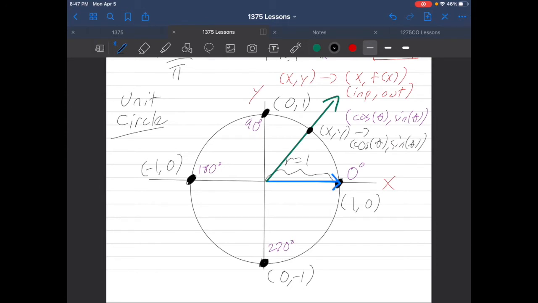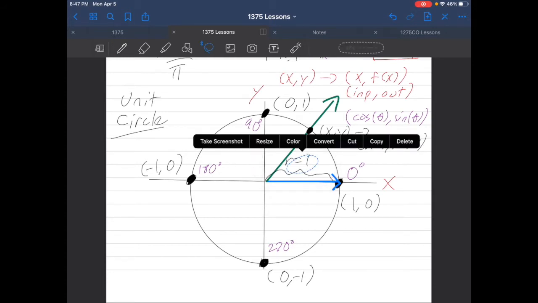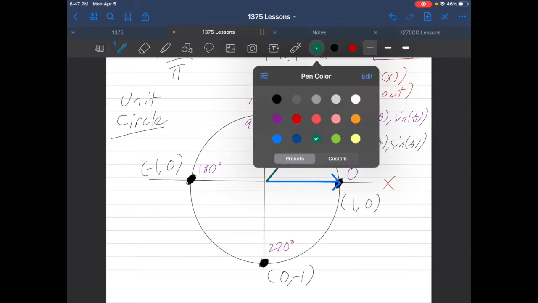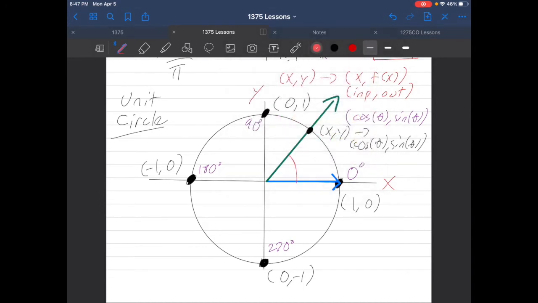And where is this angle theta located? The angle theta is located, I will show you once I delete that. The angle theta is actually located right here.